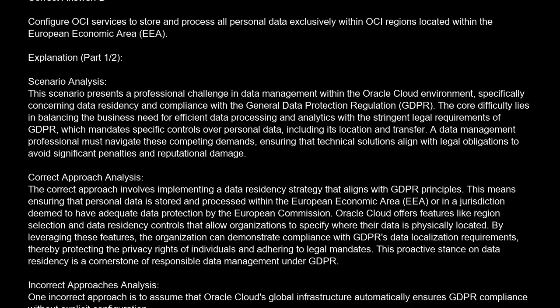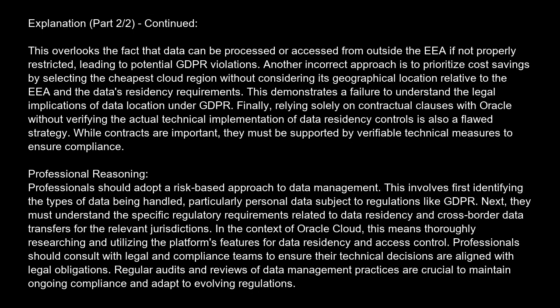Incorrect approaches analysis. One incorrect approach is to assume that Oracle Cloud's global infrastructure automatically ensures GDPR compliance without explicit configuration. This overlooks the fact that data can be processed or accessed from outside the EEA if not properly restricted, leading to potential GDPR violations. Another incorrect approach is to prioritize cost savings by selecting the cheapest cloud region without considering its geographical location relative to the EEA and the data's residency requirements.